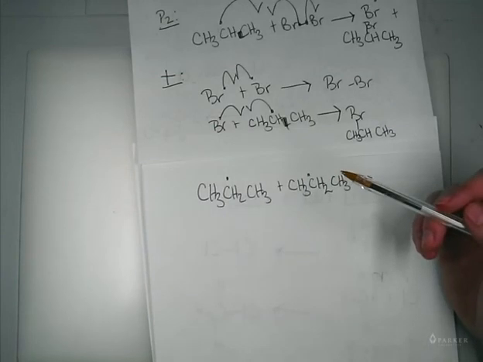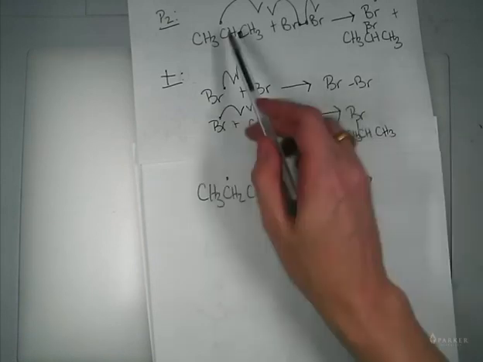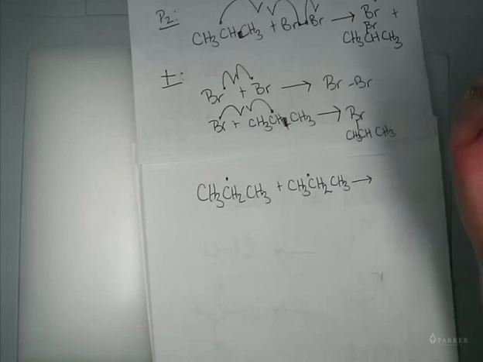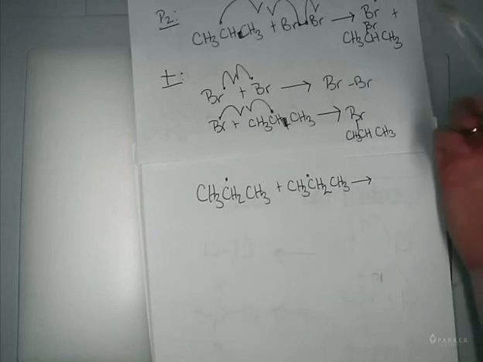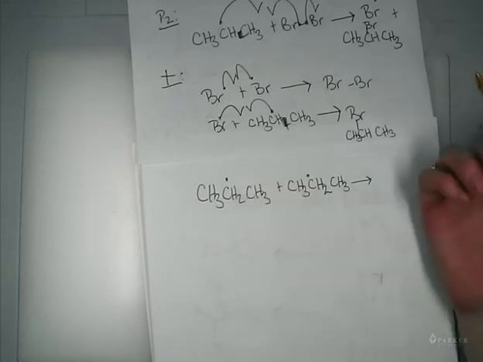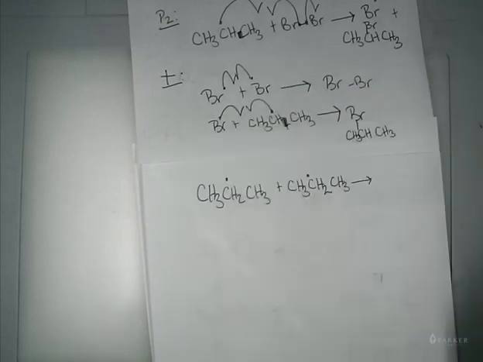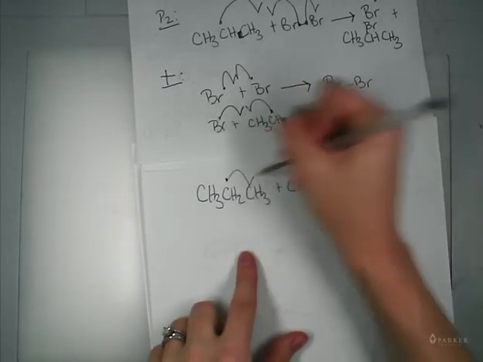But they'll literally react with anything they're closest in contact with. So if they happen to be closer to a non-radical, that's what it's going to react with. If it's closer in contact with another radical, it'll react with that. So it doesn't care because it's so destructive. But energy-wise, this is going to be a lower energy.